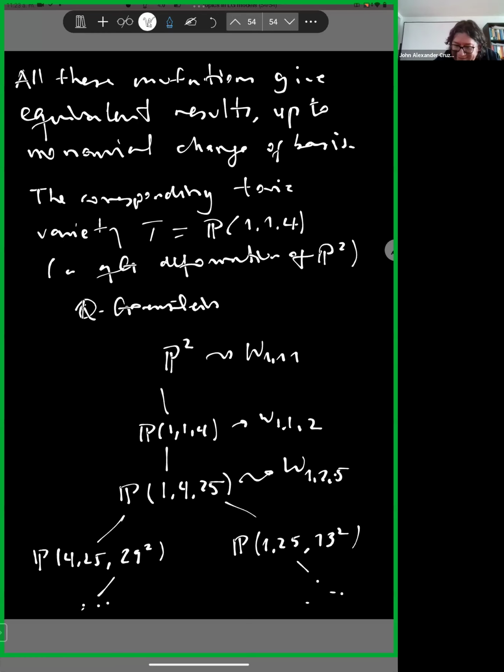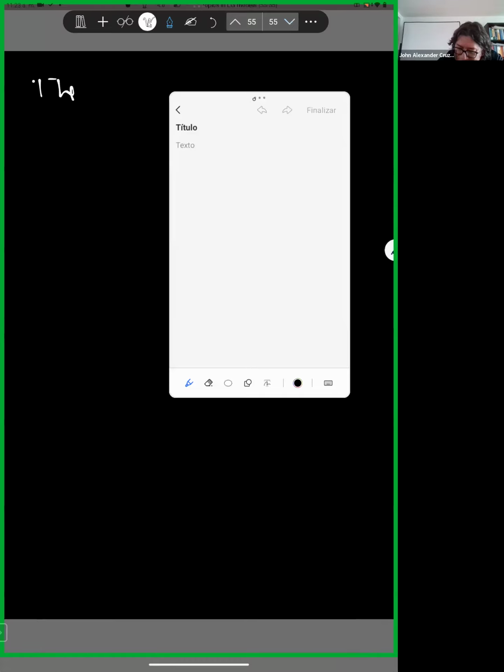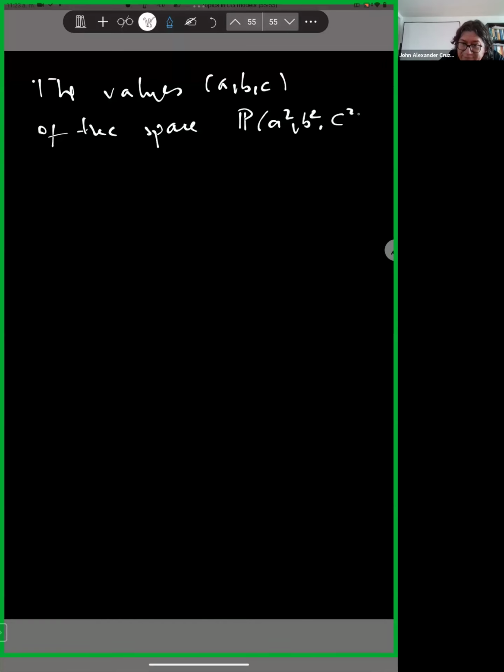So the values a, b, and c of the degenerations P(a squared, b squared, c squared) satisfy the Markov equation.